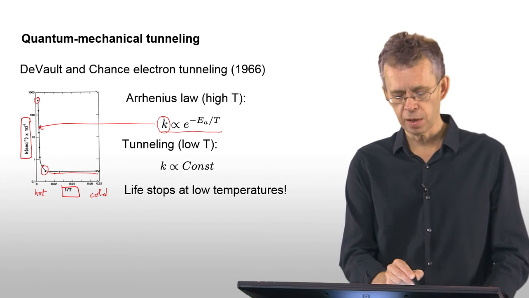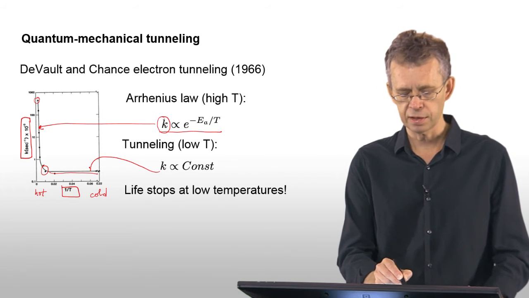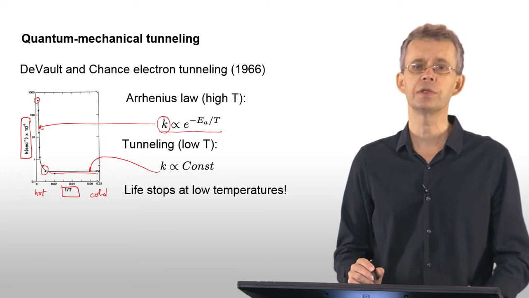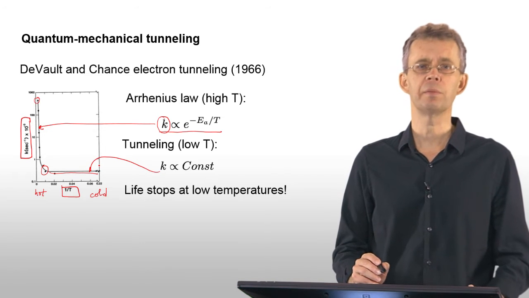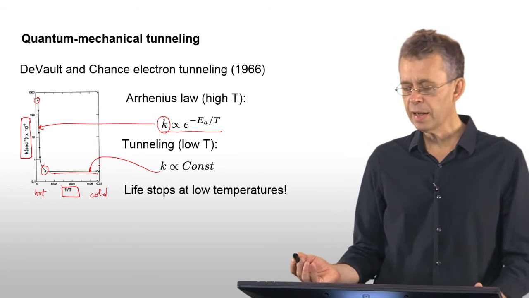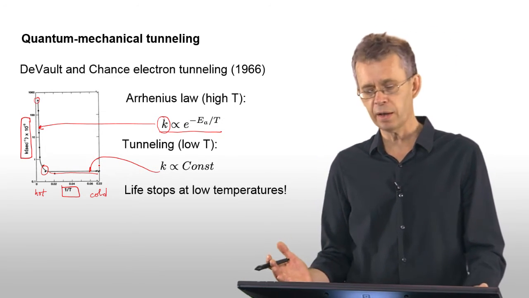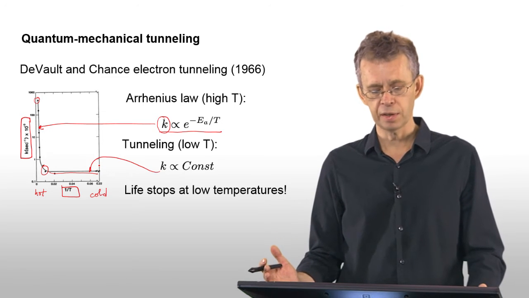But the lowest part of this plot describes an essentially constant rate, and that corresponds to quantum mechanical tunneling. Quantum mechanical tunneling happens because electrons can move under the barrier without temperature being involved.